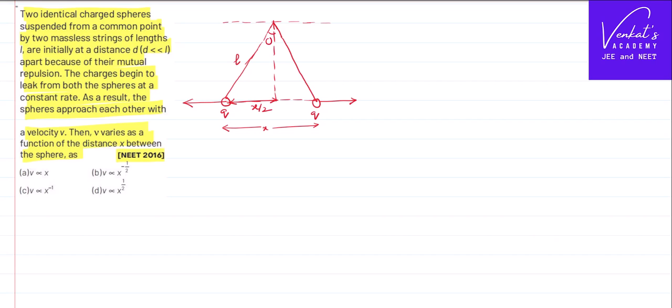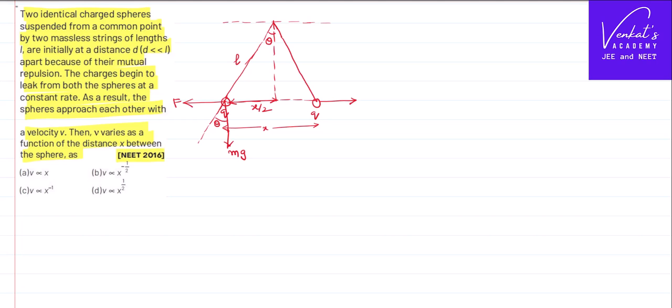There is an angle with which it is separated from the vertical, let that angle equal theta. This is the force of repulsion, and on that small body there is also the weight mg acting. So if I extend this line, this angle also becomes theta. So you can see two right angle triangles there.